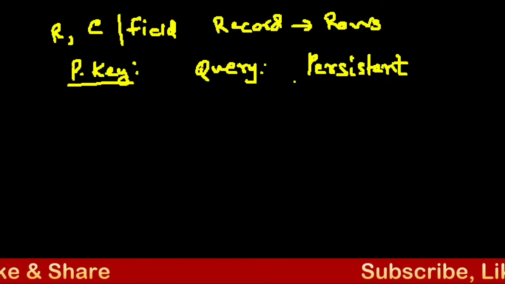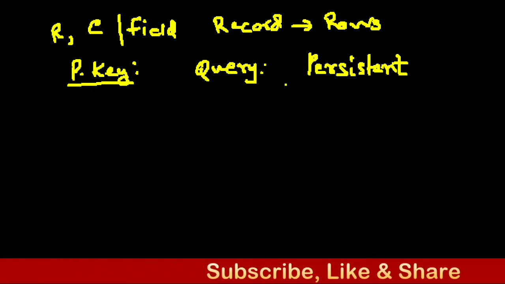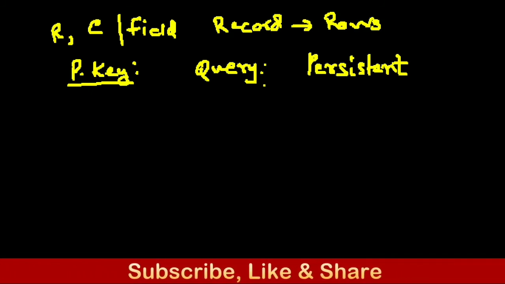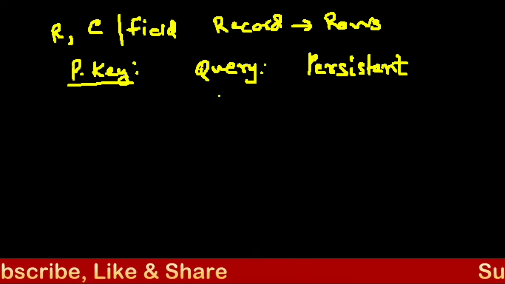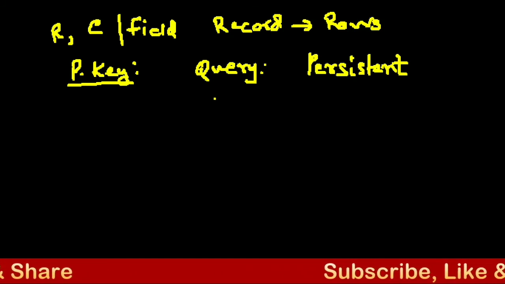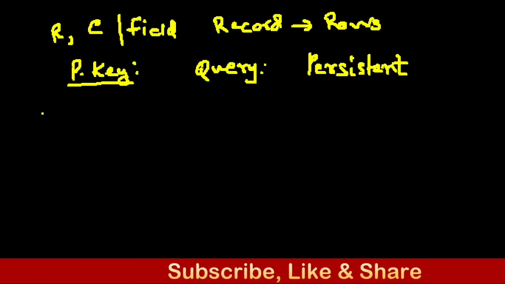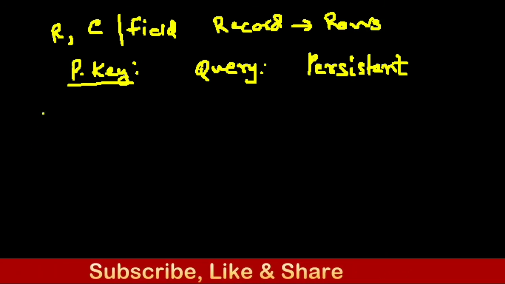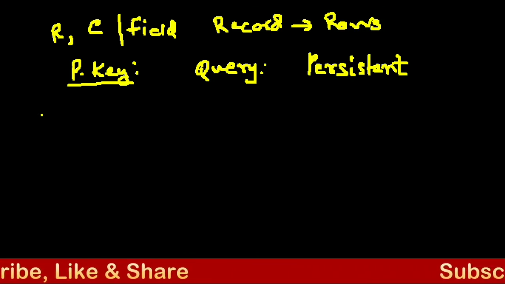You can go back and check out that video to understand what the different properties are like. There are properties like consistency, atomicity, and a lot of other things which a database needs to have in an ideal scenario.